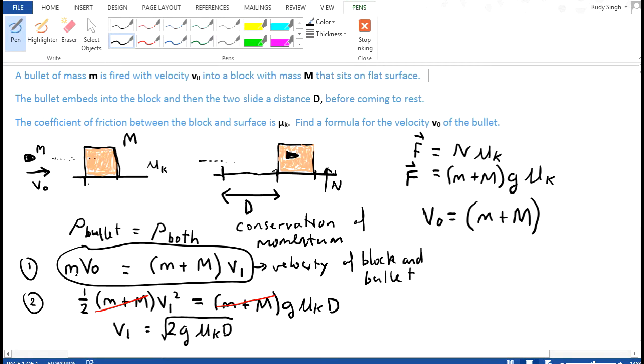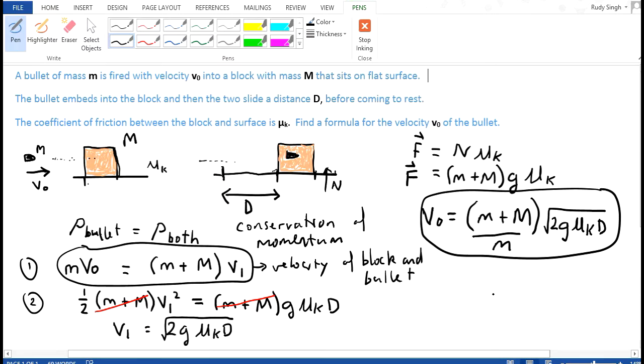So if I divide both sides by the small m, and then times v1, but v1 is this thing here, the square root of 2g mu sub k, for the frictional coefficient of movement on the surface, and then d. So that is my velocity of the bullet. Now let's see if we can actually do a problem with some numbers.